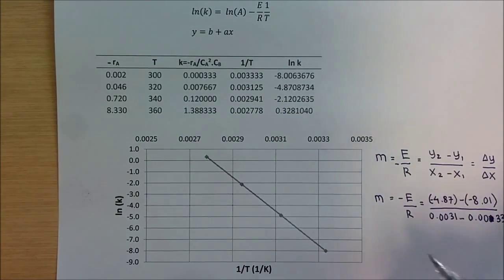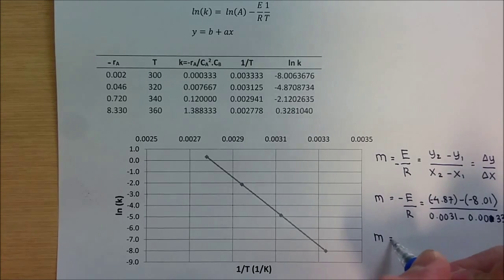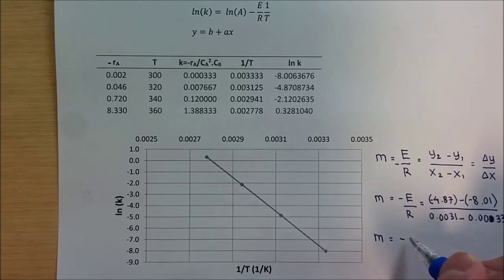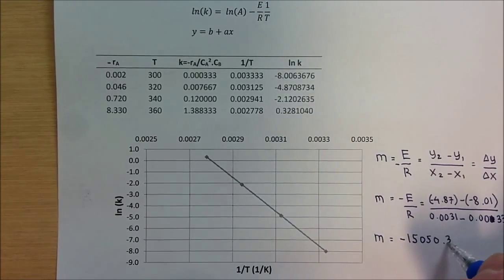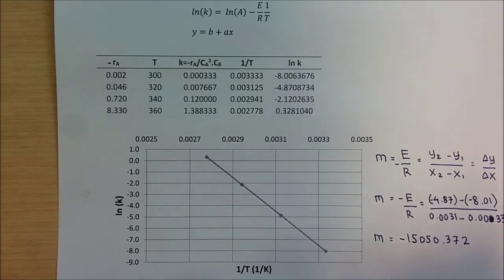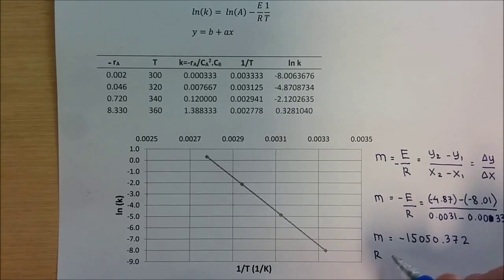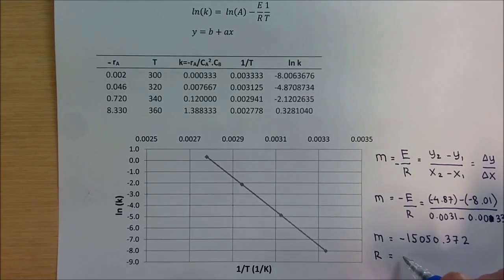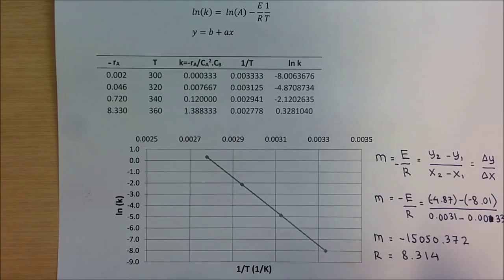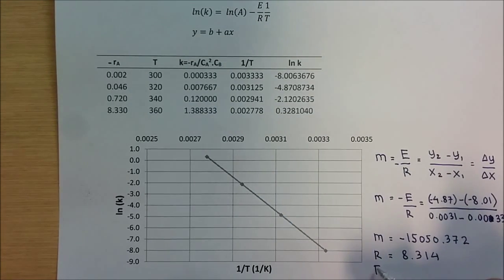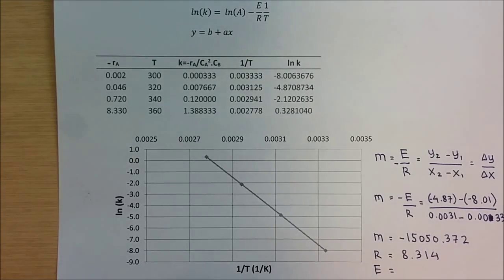So now we can get m. If you calculate, we will get about 150.372. And then if we use R equal to 8.314, we can easily find the activation energy.